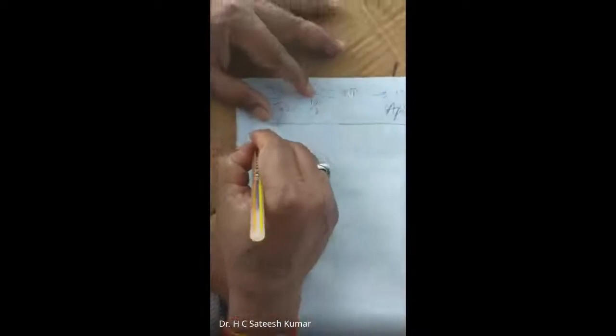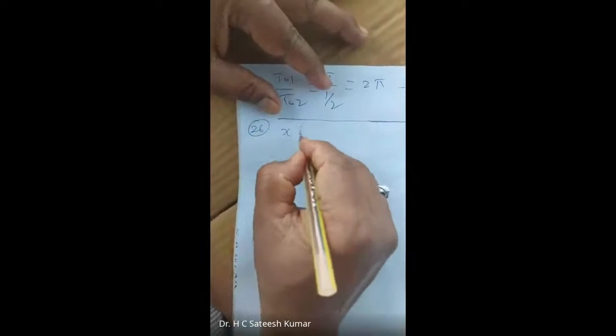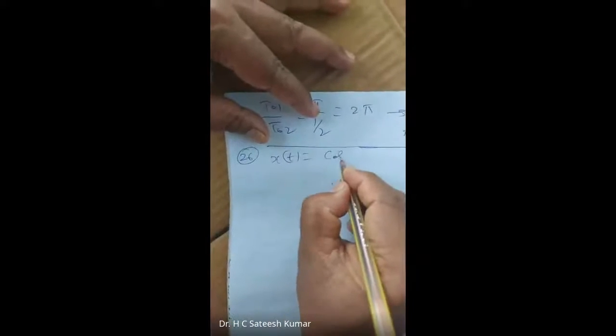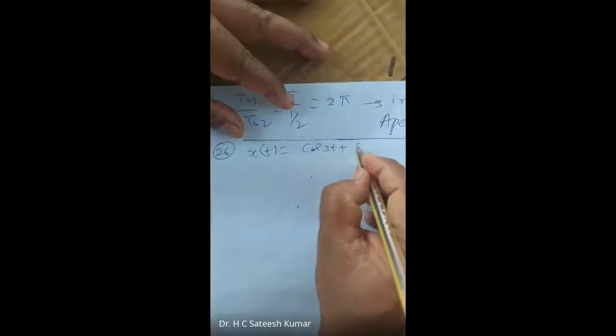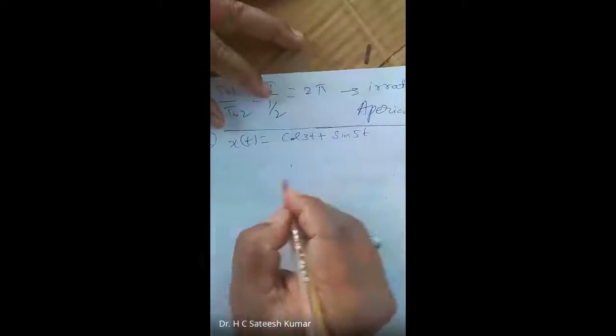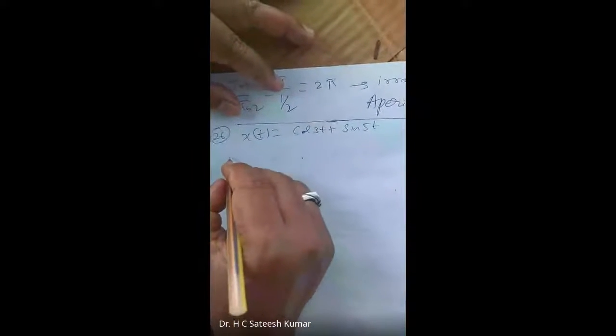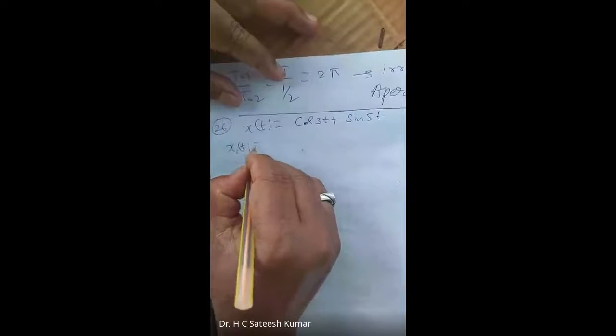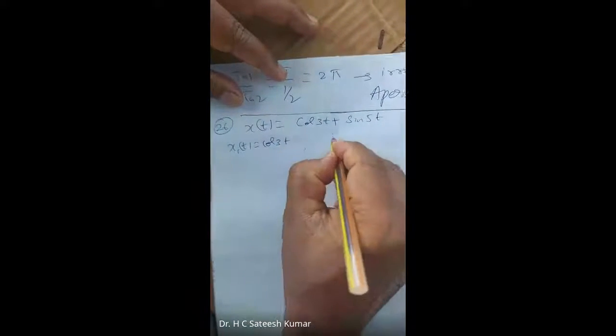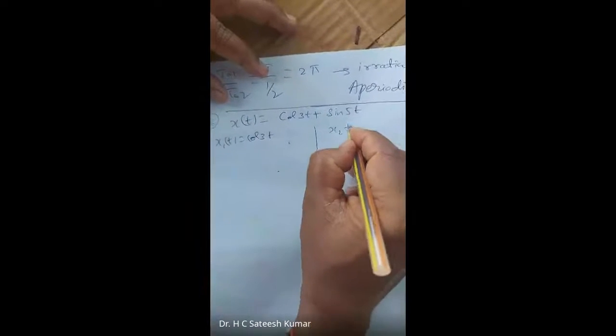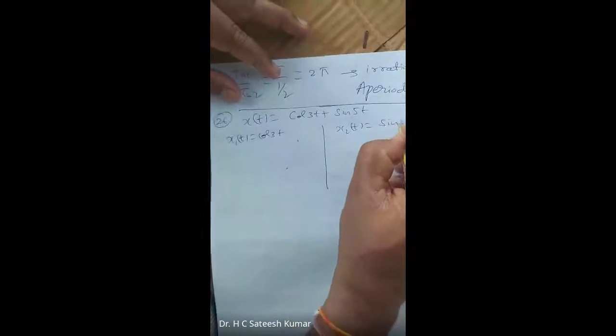One of the recent papers: x of t is equal to cos 3t plus sin 5t. x1 of t is equal to cos 3t, x2 of t is equal to sin 5t.